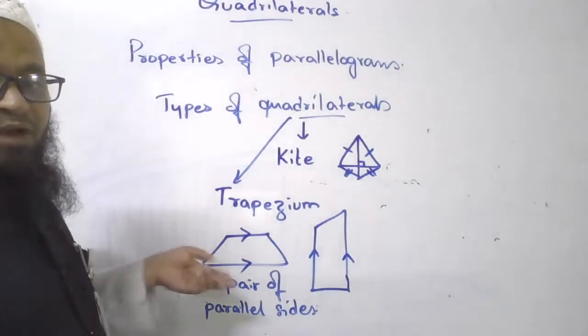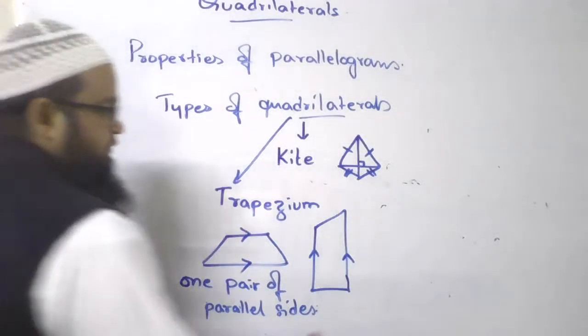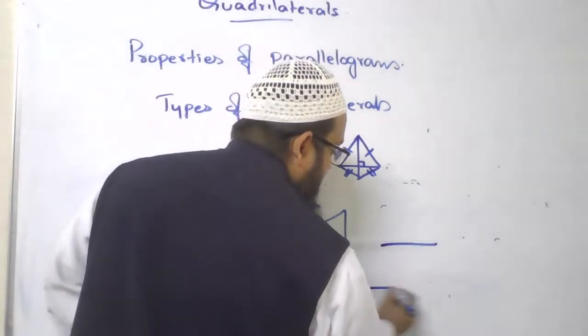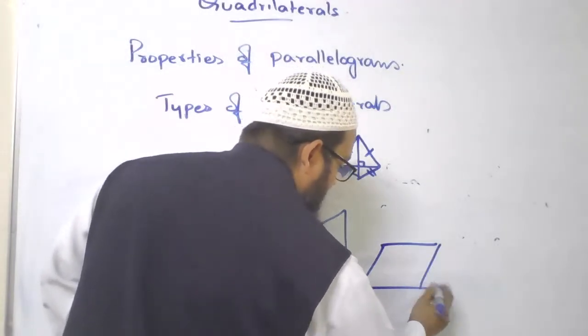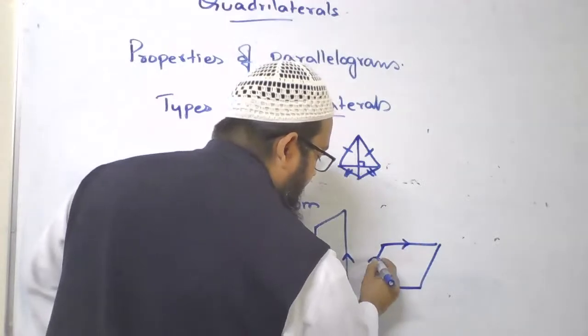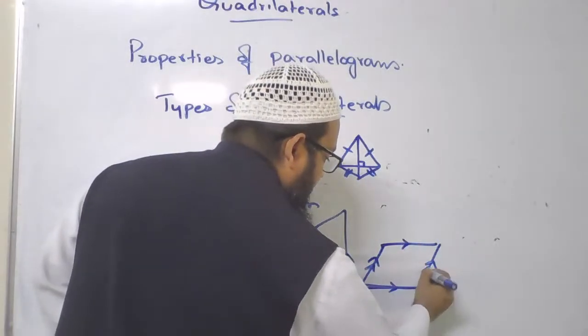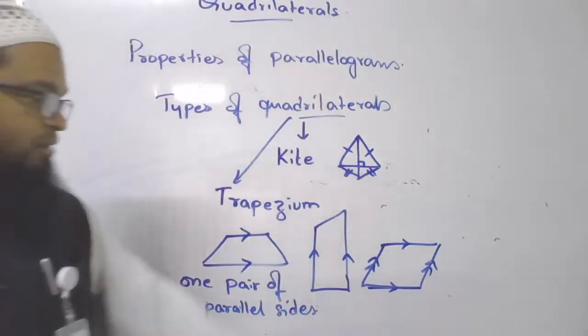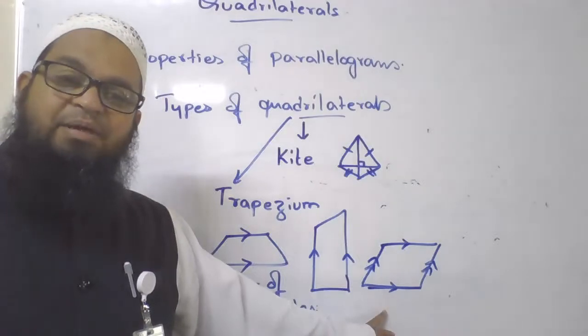So if you have two pairs of parallel sides, for example, these two sides are parallel and also these two sides are parallel. Now tell me, will you call this a trapezium or not?